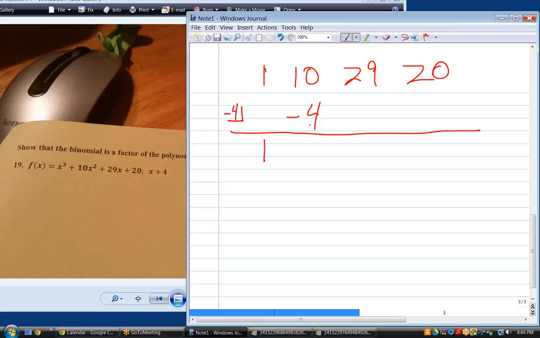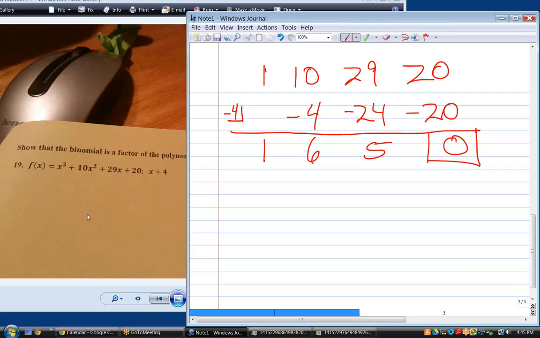So you're always going to be adding these columns of numbers. Okay, what goes here? -24. Okay, here, 5. Here, -20. And here, 0. And that's what I was just saying: if we're trying to show that x plus 4 is a factor of that cubic, then we must get a 0 as the remainder.